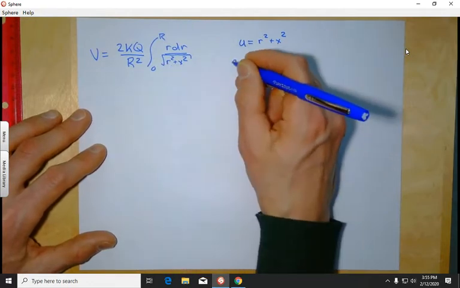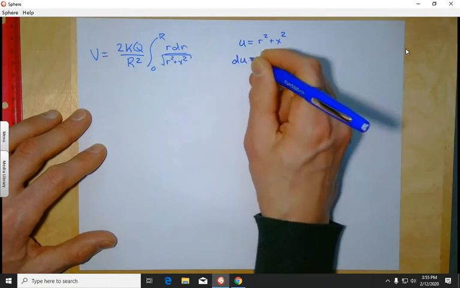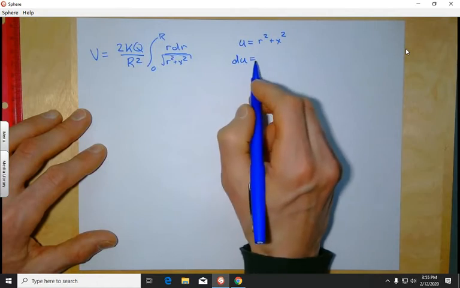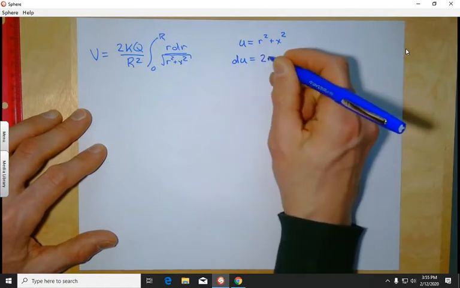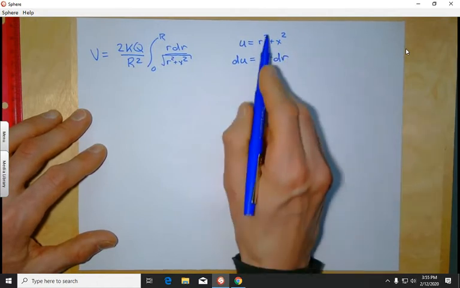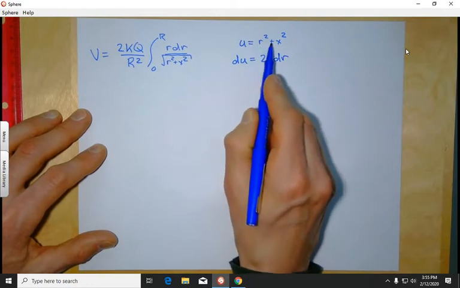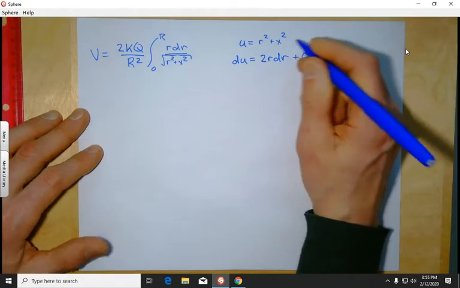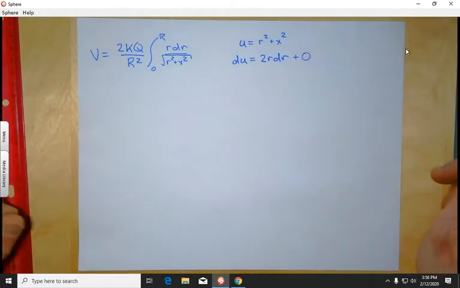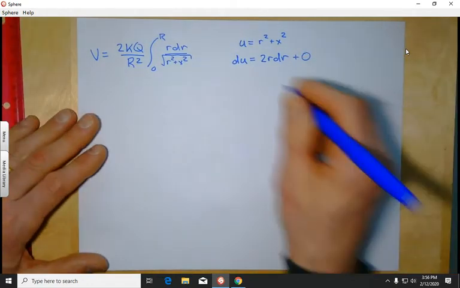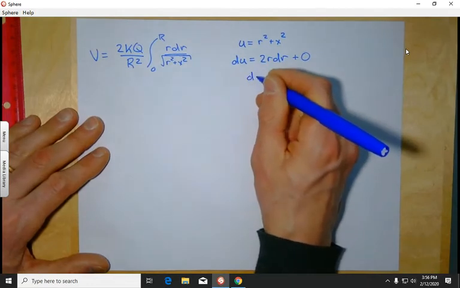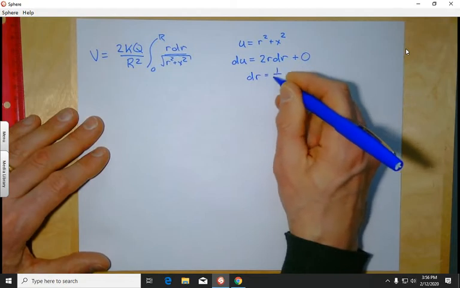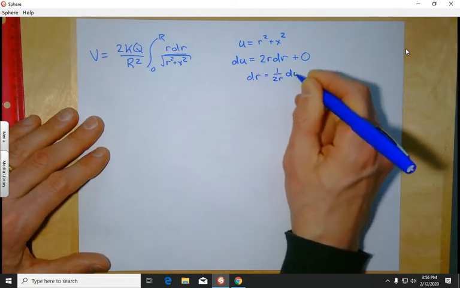So remember, the second thing that you do then is you take a derivative, sort of, and when you do the du, you're going to end up with 2r dr, so it's like taking the derivative on this, plus 0, because x is kind of like a constant in terms of what this integral is doing. So that allows me to say that dr is going to be equal to 1 over 2r times du.